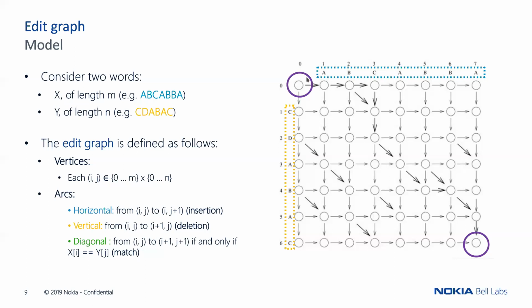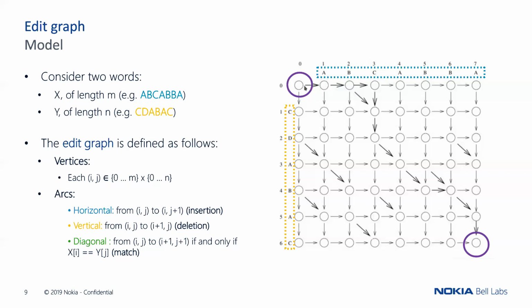So for example, if I move from (0, 0), I don't know if you see my cursor. Yes? Okay. If I move from here to here, this means that I consume the character A of the blue string, but I do not progress along the orange string.